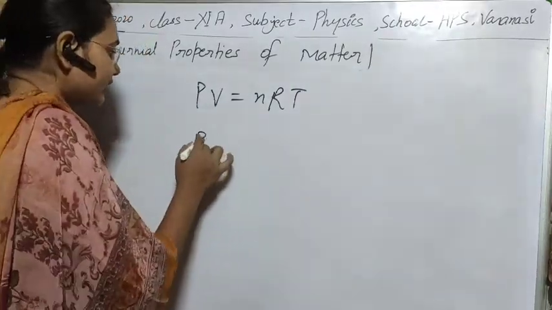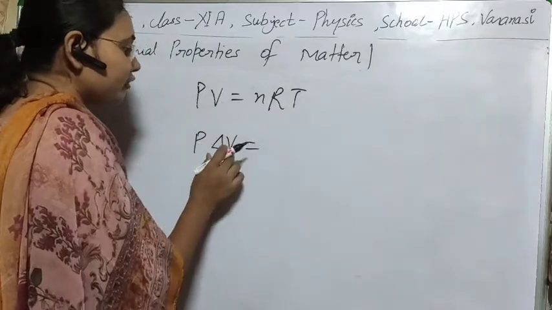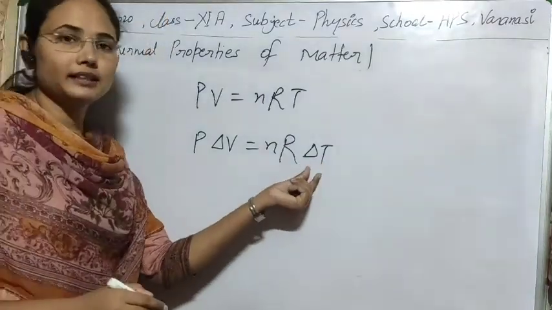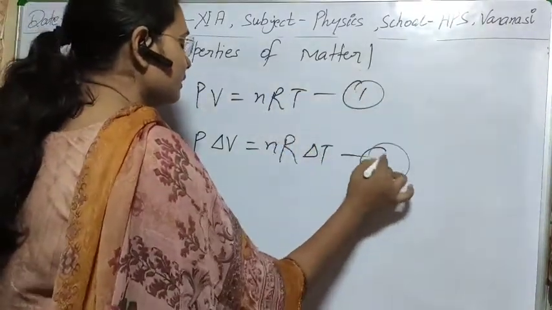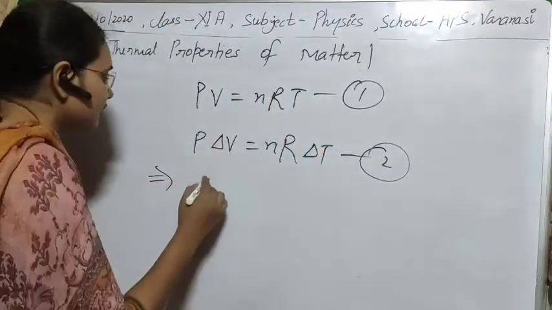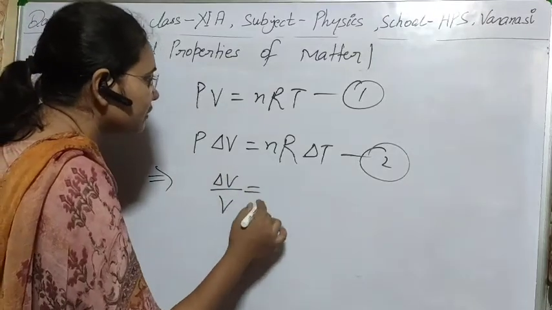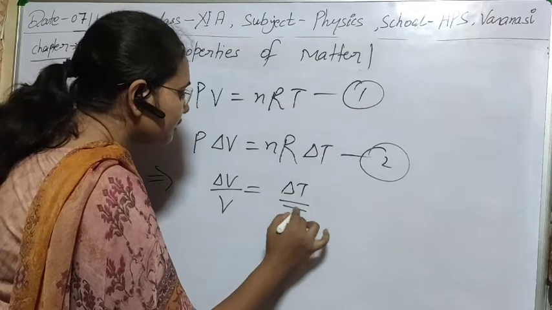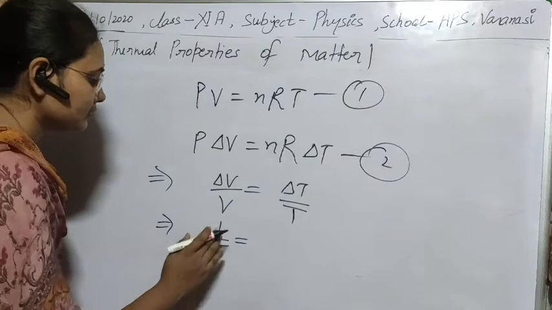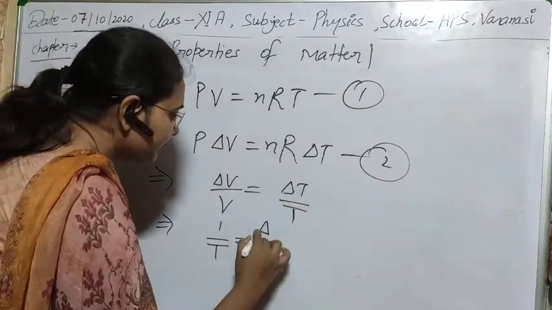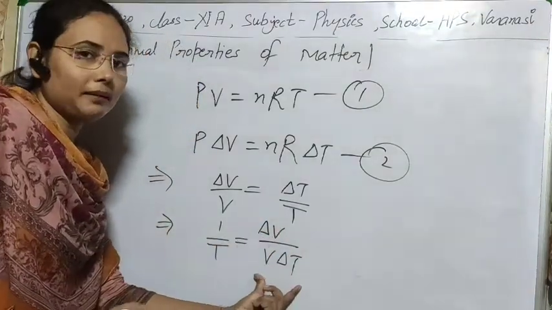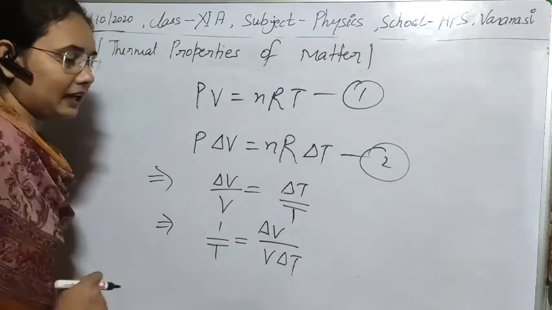So we can write that delta V volume change takes place on the change in temperature delta T. Dividing these two equations, we will get delta V upon V equal to delta T upon T, or we can write 1 upon T equal to delta V upon V delta T. This value is the value of gamma, the change in volume per unit volume per degree rise in temperature.